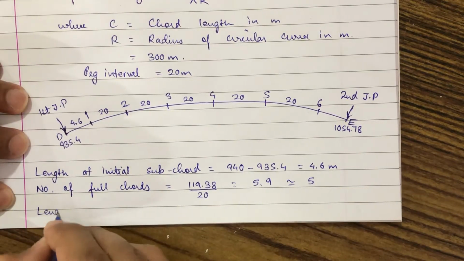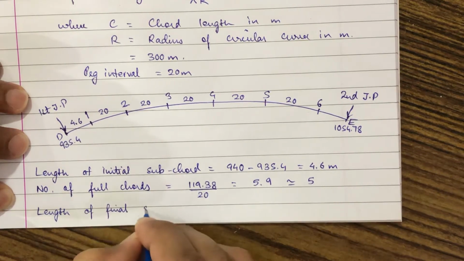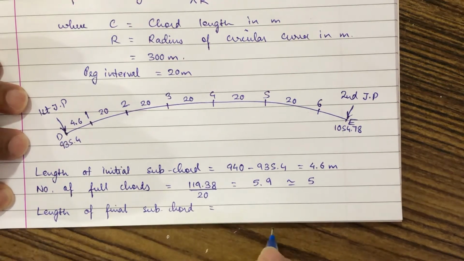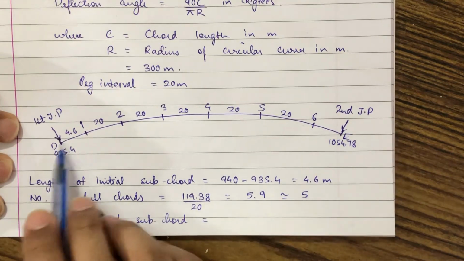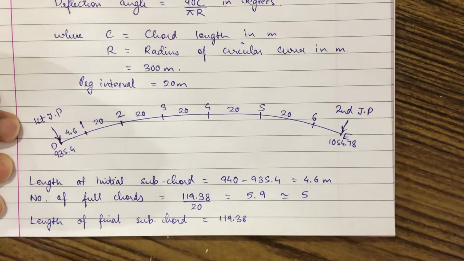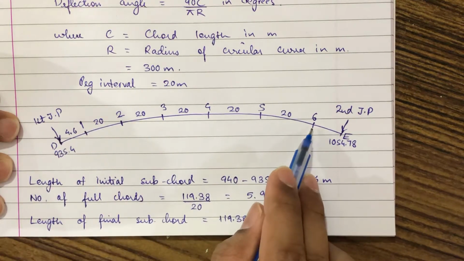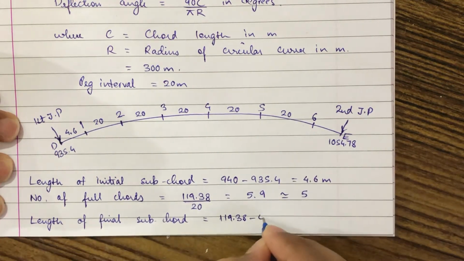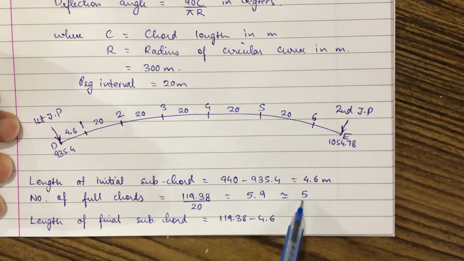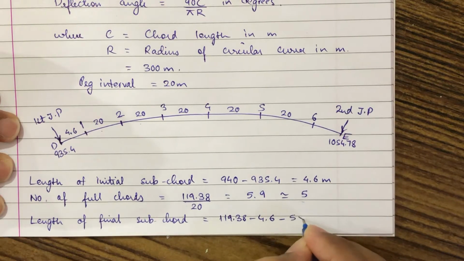Length of final subchord will be equal to the total length, 119.38. From this 119.38, we have to subtract all these values: minus 4.6, and minus 5 into 20, because there are 5 numbers of 20 meter chord.